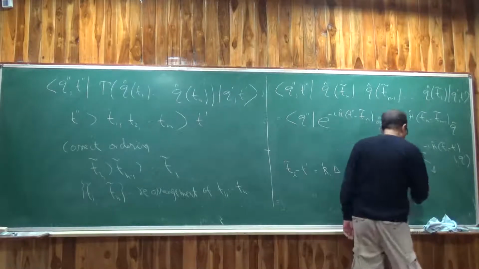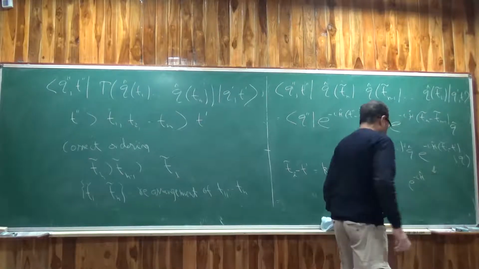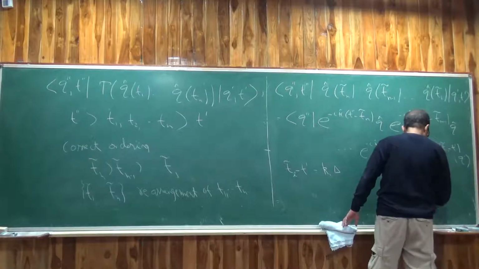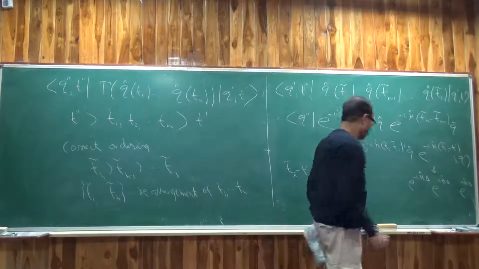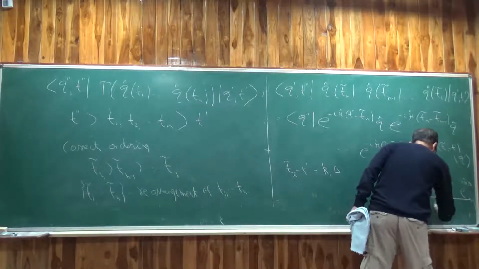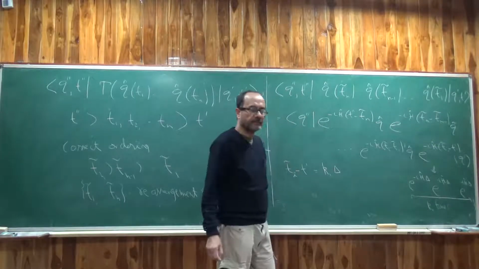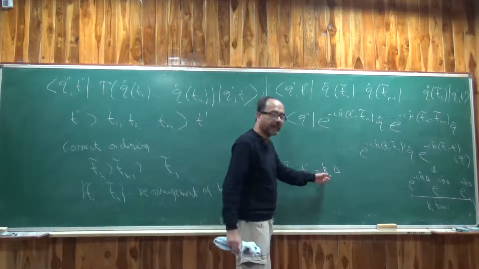So this one is e to the minus i h hat delta, and this will be k1 times, because t tilde 1 minus t prime is k1 times delta.